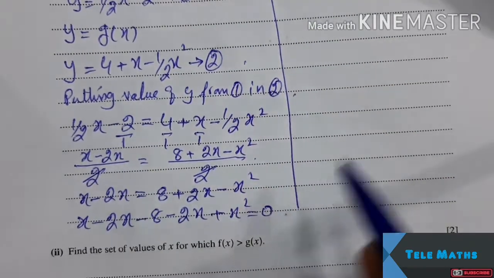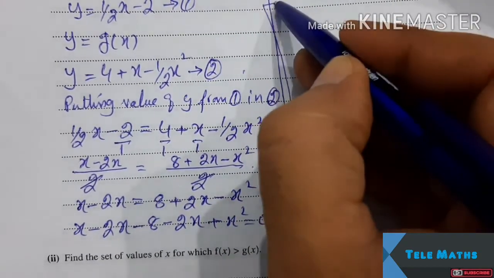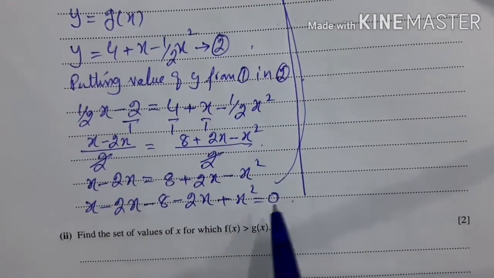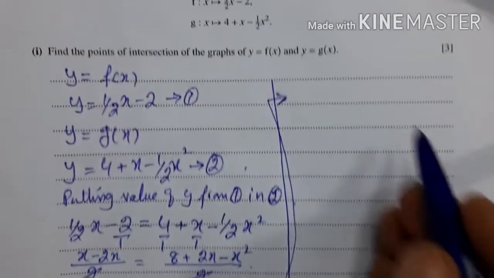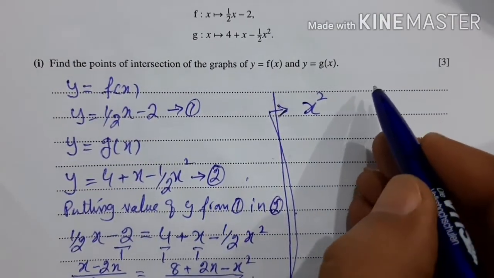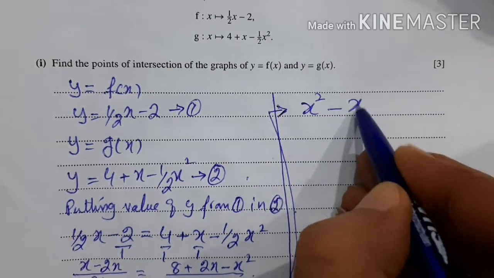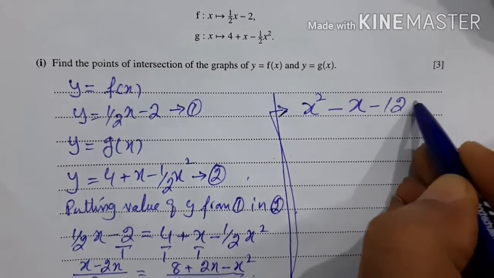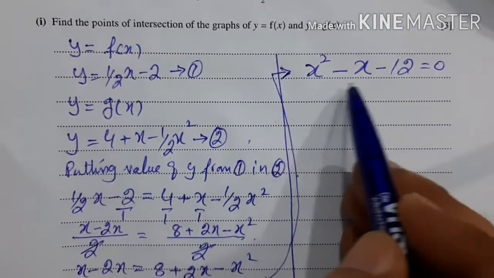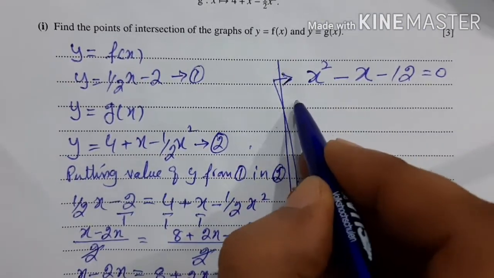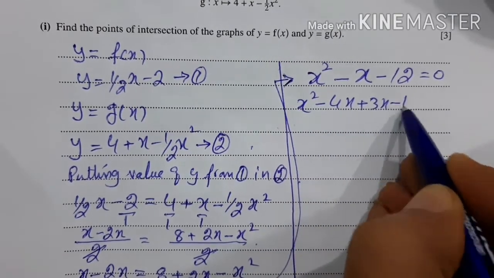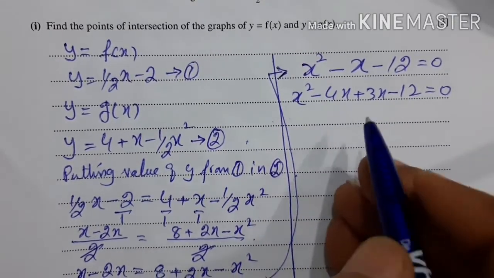Okay. Now by solving, it will become x square minus x minus 12 is equal to 0. Okay. Now by solving by middle term break method, it will be x square minus 4x plus 3x minus 12 is equal to 0.